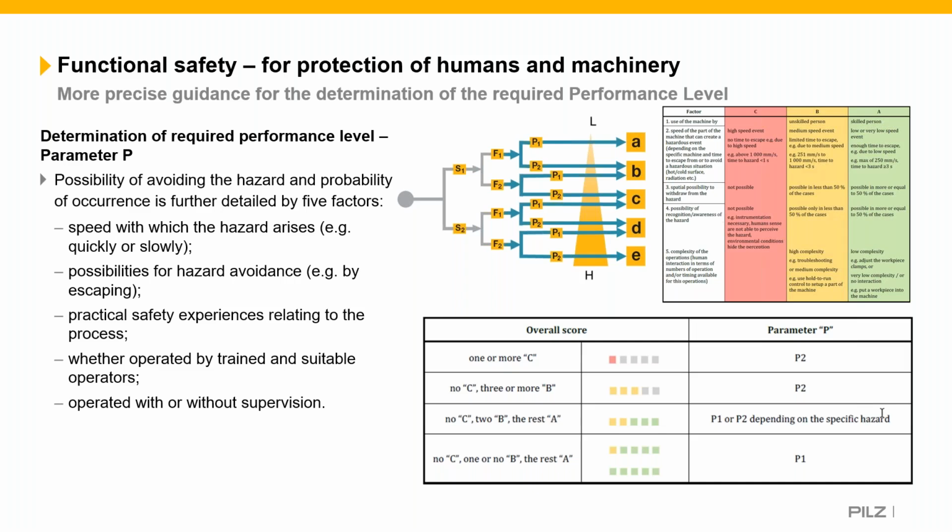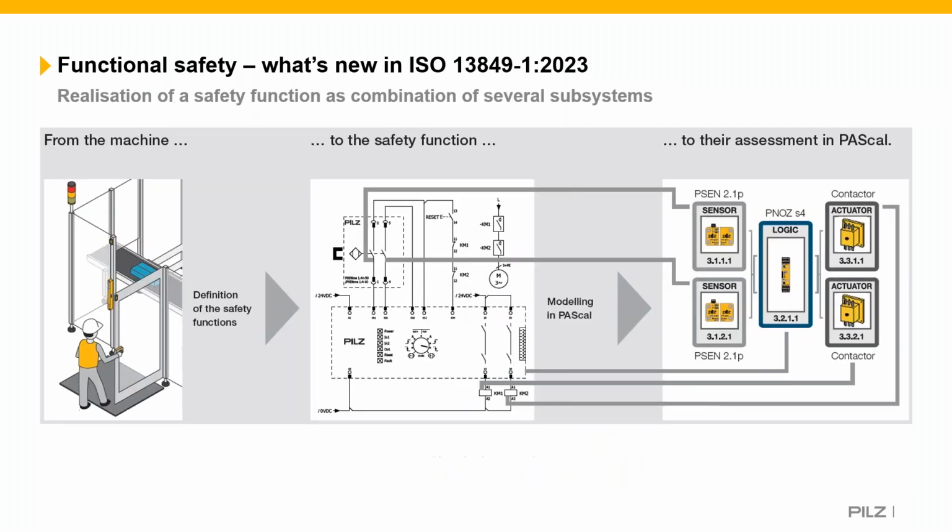Then it's going to depend on the specific hazard, and this might be just that the hazard or the risk is very high. So if it's going to be a really serious injury, you might still want to go down P2. Anything below there, 1 amber or all greens, then you're in P1. I think that's better than it was previously, because it was sort of just left to people to make their own judgment.